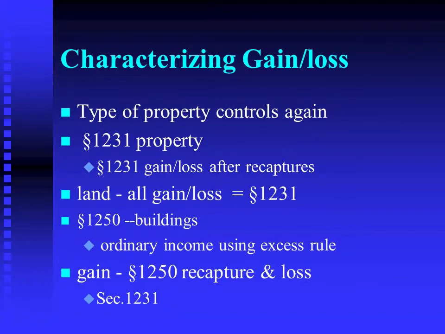We call it 1250 because that determines what the recapture is. Once we determine whether there is any recapture or not, our building will actually generate 1231 gains and losses. So the amount realized and recognized is not always going to be 1231 gain, even though it's a 1231 asset. But we're going to do this a bunch in the rest of the chapter. It should be making much more sense after a few more slides.